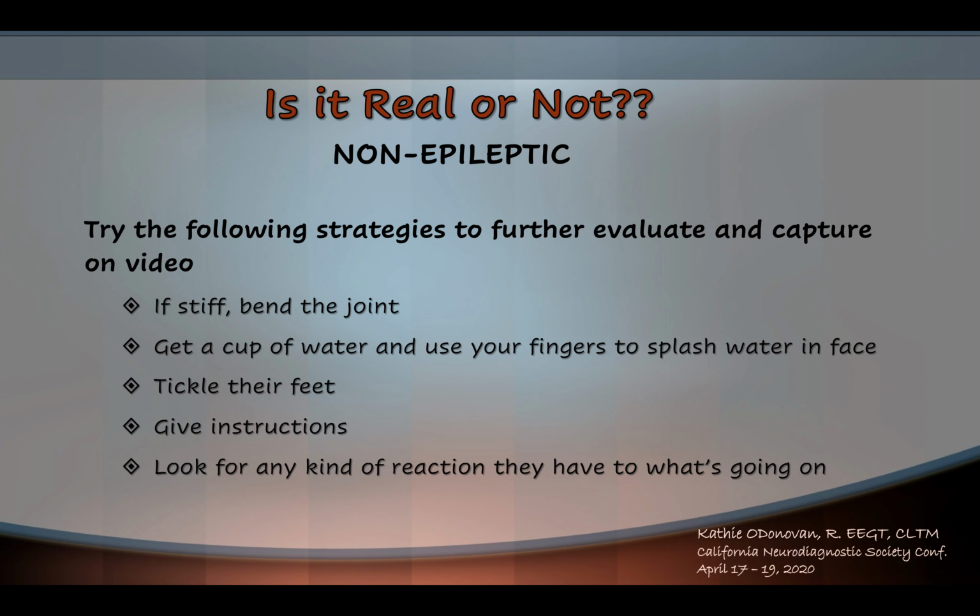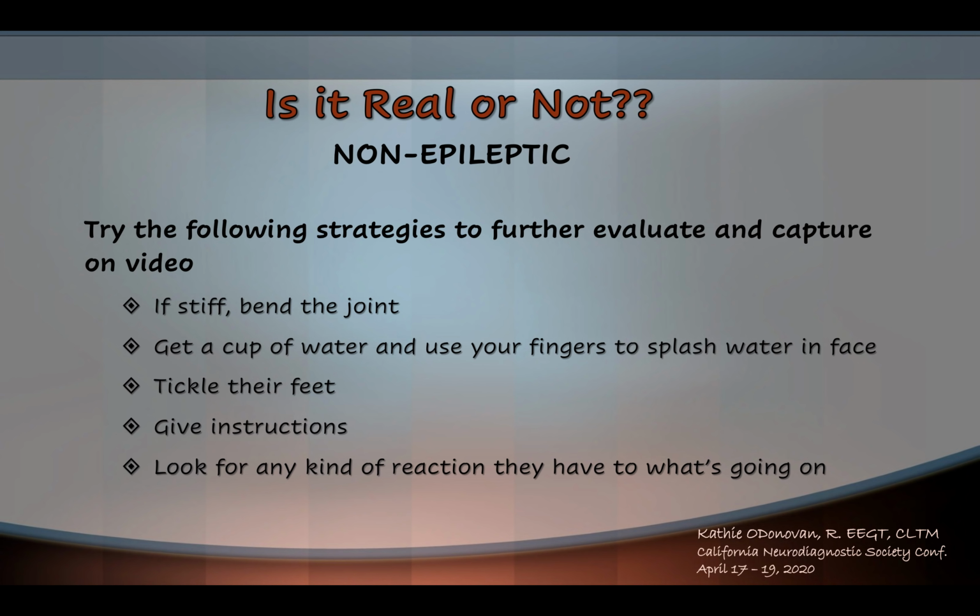Just look for any kind of reactions they have to what's going on. You could ask the nurse something about, when should we get the Ativan shot? And if you see them react to that, even if they're not saying anything, if you're allowed to say something like that, but just anything that you can capture on video that will demonstrate that they are aware, able to respond, all of that.